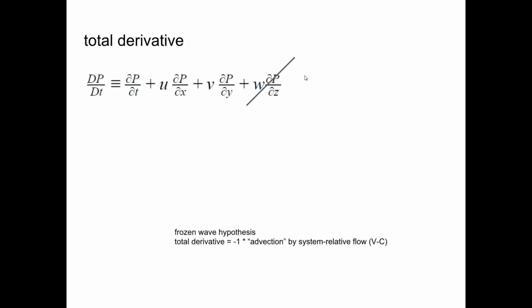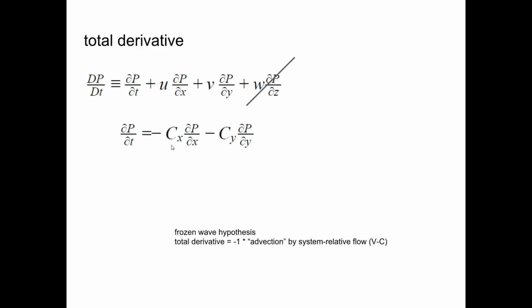So let's ignore the vertical advection. Let's just assume it's close to 0, just to simplify this, and use the frozen wave hypothesis to replace this partial derivative with this other advection by the system motion.